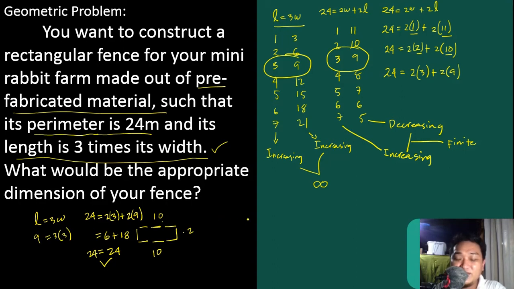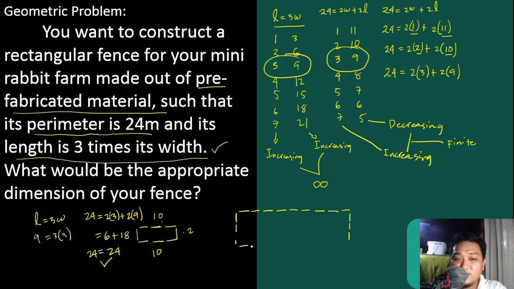So kung idodrawing po natin, magiging itsura niyan kung prefabricated yung material natin, meaning madalas hindi siya maaaring putulin. So the width is 3. Bibili ka ng tatlong ganyan, tapos bibili ka pa ng siyam: 1, 2, 3, 4, 5, 6, 7, 8, 9. Tapos 1, 2, 3.